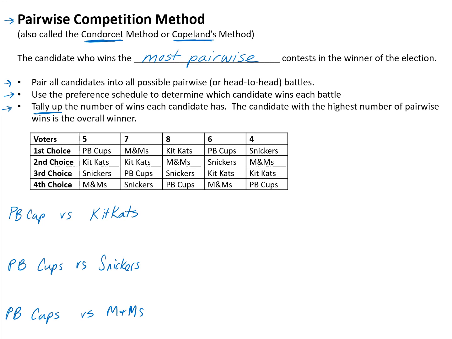Now, those are all of peanut butter cups' battles, but we also want to look at all of Kit Kat's battles. So Kit Kats, we already know they battle peanut butter cups. We've already got that written down, so we don't have to replicate that. But we do need Kit Kats against Snickers, and we need Kit Kats against M&Ms.